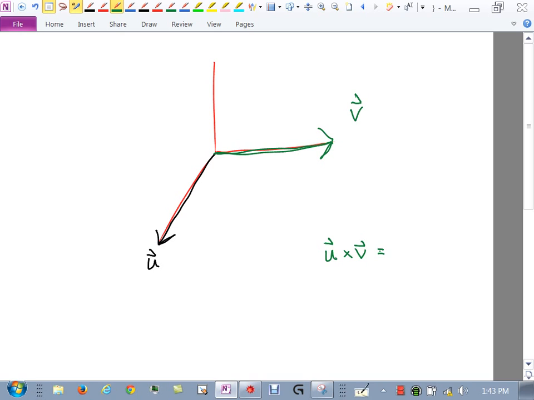If I do V to U, V cross U, now I need to put my hand on this side and curl from V to U, and therefore the cross product comes out the other direction. Understand? It's not really that important in this class, but it's just something we should discuss.